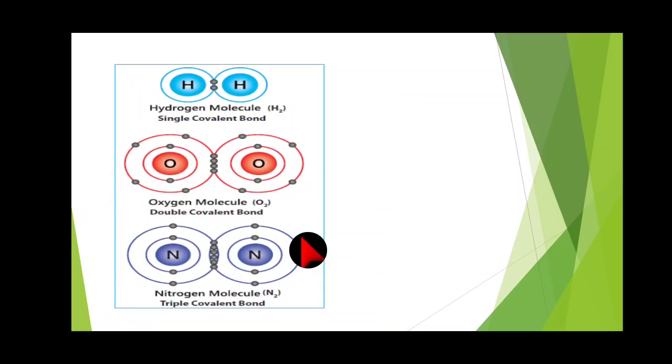For example, the hydrogen molecule. Both hydrogens are going to make a bond, so each one gives one electron. Likewise oxygen, then nitrogen. These are the structures for showing the covalent bond.